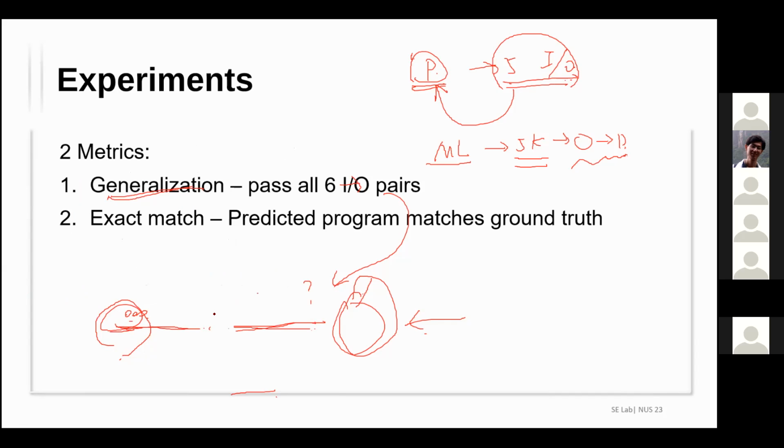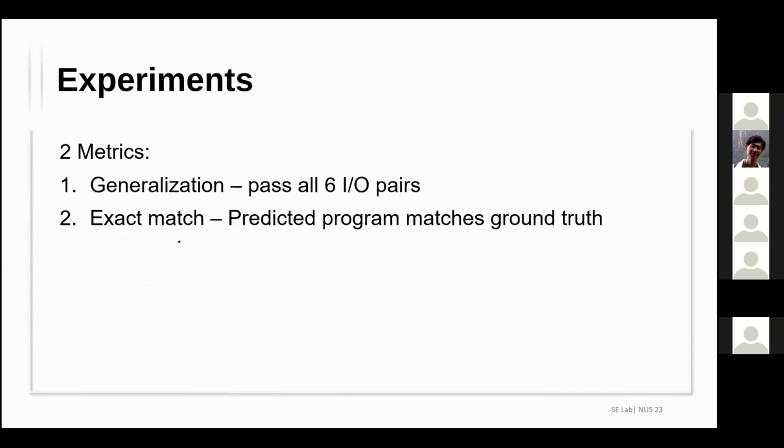Okay, yeah. So overall, there are a few things. As I mentioned just now, there is the generalization metric as well as the exact match metric. Generalization is that so long as it passes all 6 input-output tests, so the 5 specification and the 1 hidden test case, then it is generalized.